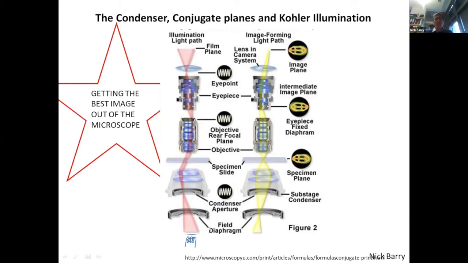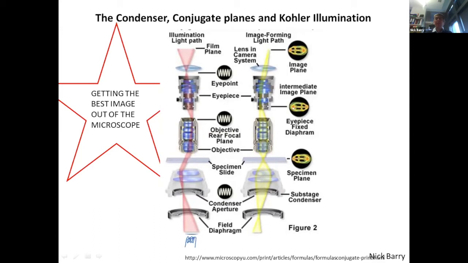So what we have in these microscopes is this concept of conjugate planes. So if we just flip over to this one first, we have the real specimen, an object, and it forms an image on the back of your retina. So this image here is conjugate to this one, and then intermediate, just before the eye, somewhere close to the eyepiece, there's the intermediate image.